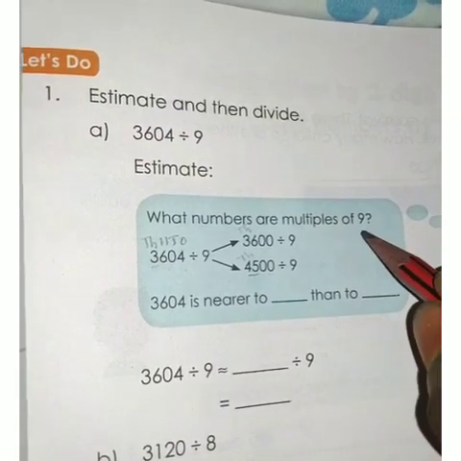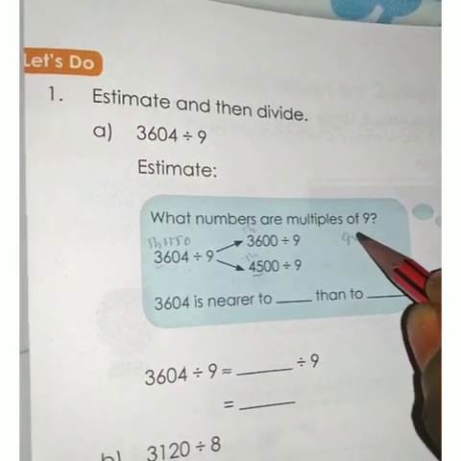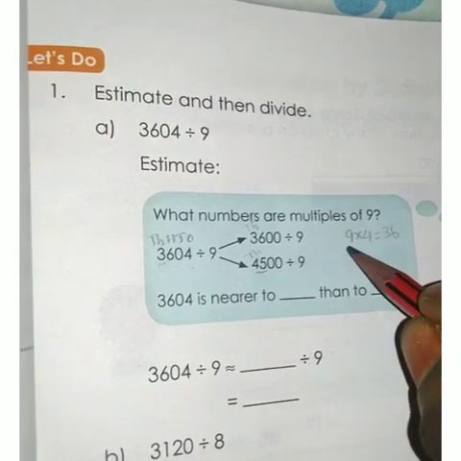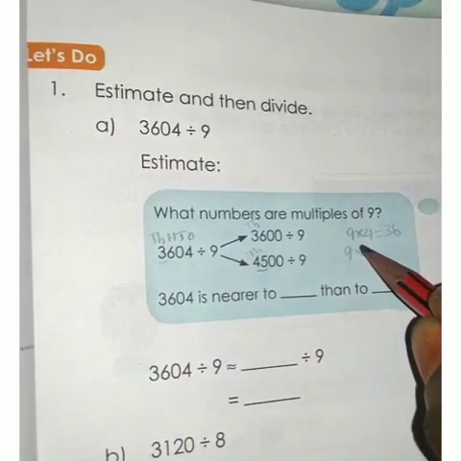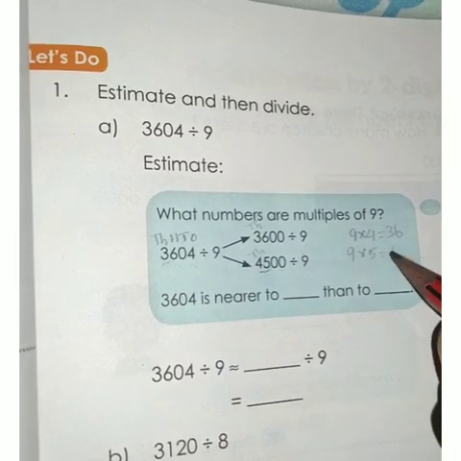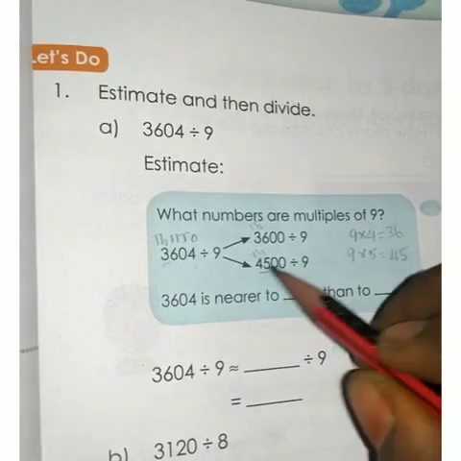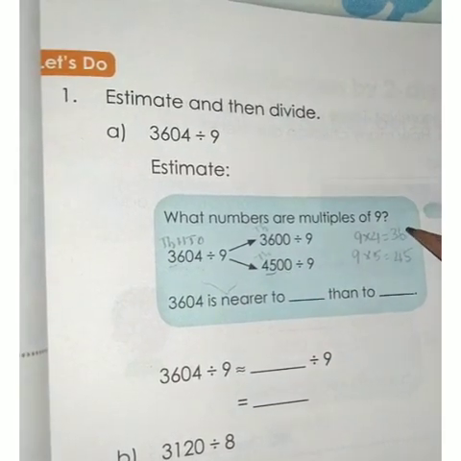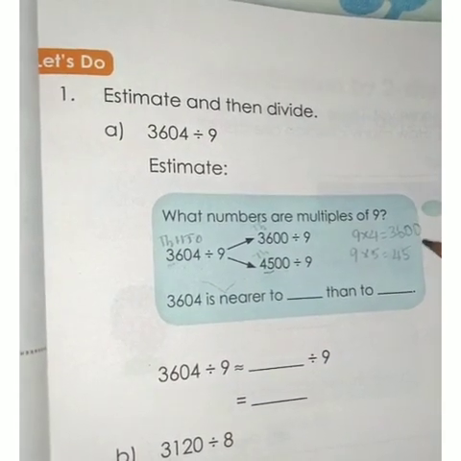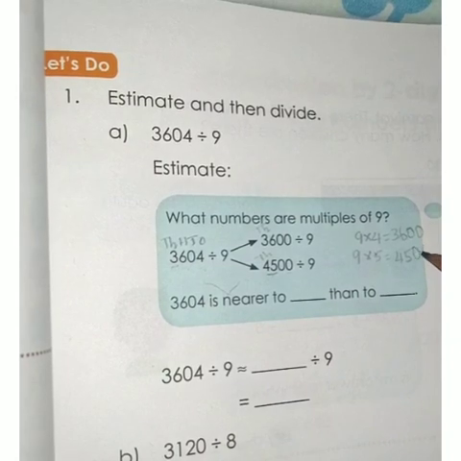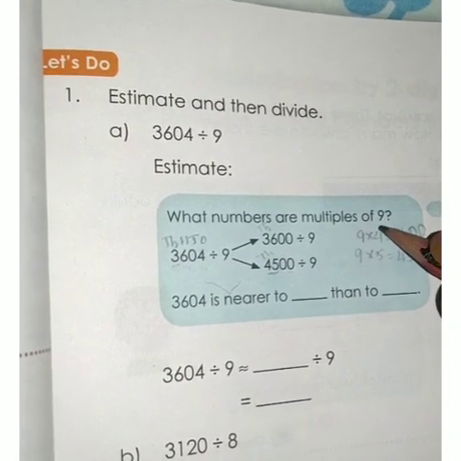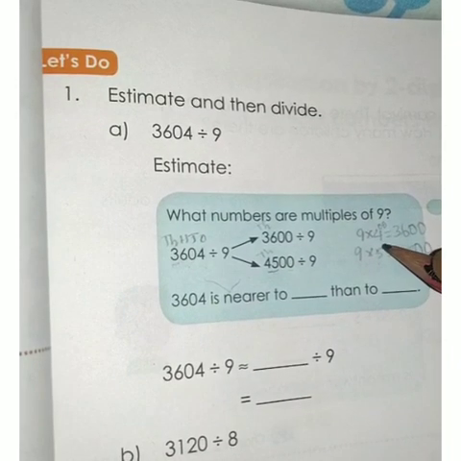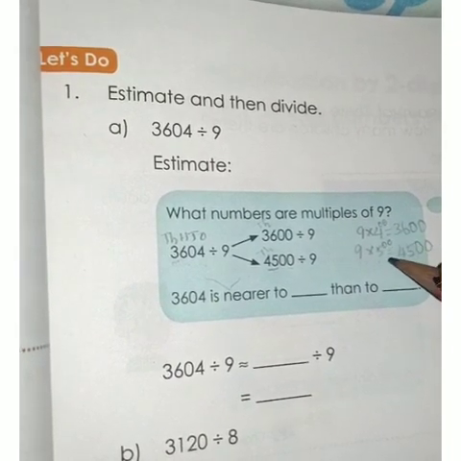I repeat again, 9 fours are 36 and 9 fives are 45. To reach the thousands place, we have to multiply this 9 with 400. 9 into 400, 9 into 500.